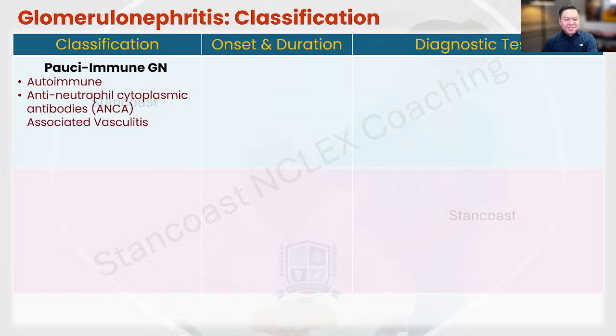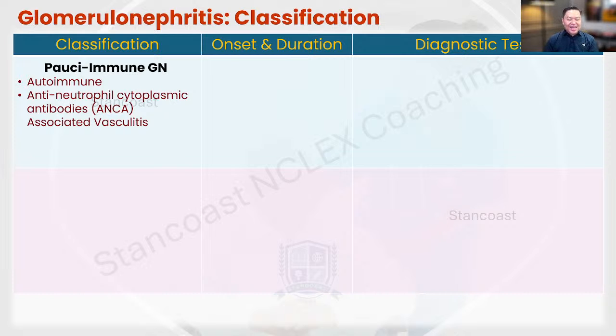Now, this is an autoimmune type of glomerulonephritis that can happen when the immune system goes a little bit haywire, and it will start attacking the kidneys.